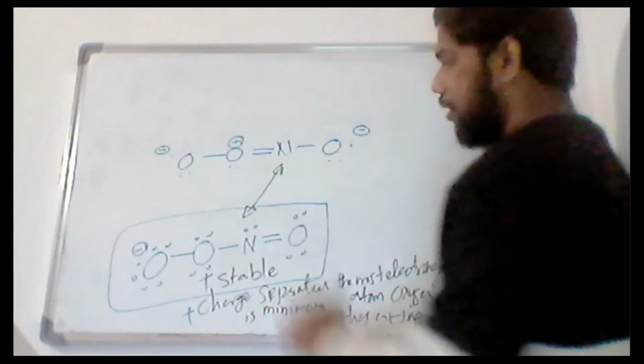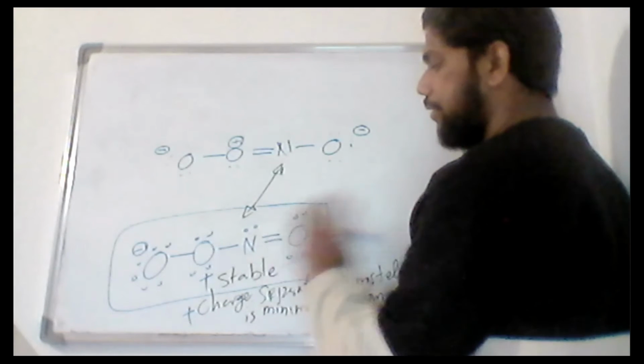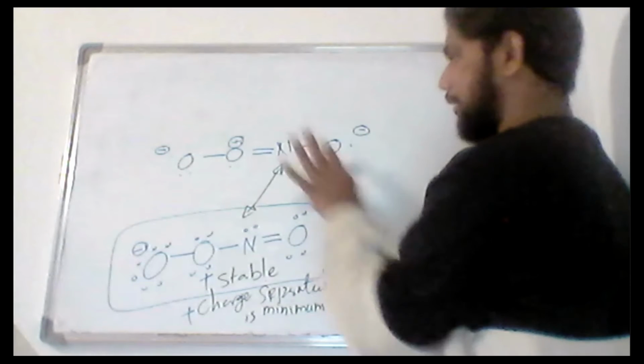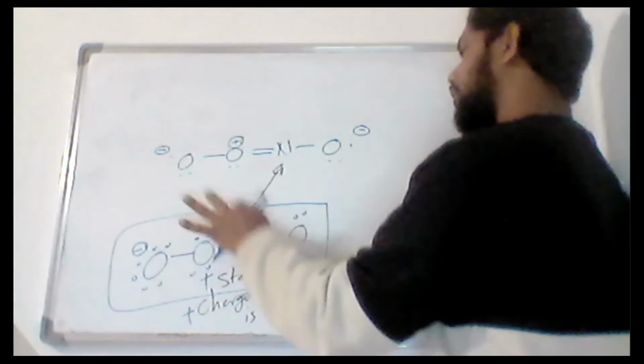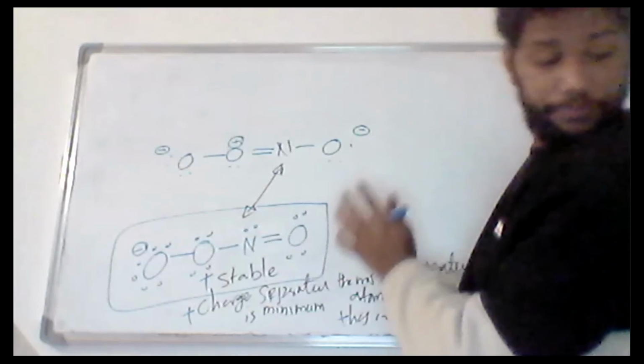How did this come? Because from the skeleton, first we gave this lone pair to this nitrogen, so this becomes a stable one. In the second case, this stays the same, but this oxygen gives the lone pair to nitrogen, and this is the structure that we have.